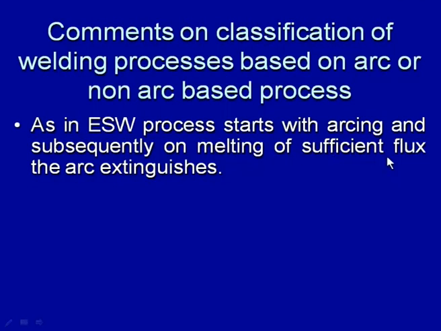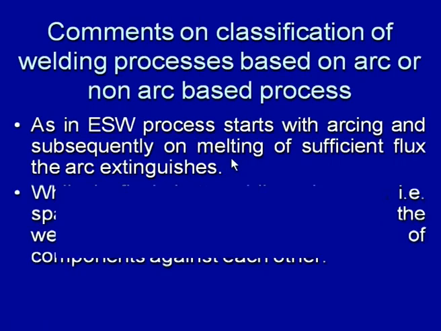So, in this case, arcing is mainly used for the melting of the fluxes. Once the sufficient pool of molten flux is obtained, the arc is extinguished, and then by the flow of current through the molten flux, heat is generated by electrical resistance heating, which is subsequently used for melting of the consumable electrode as well as melting of the faying surfaces of the base material.